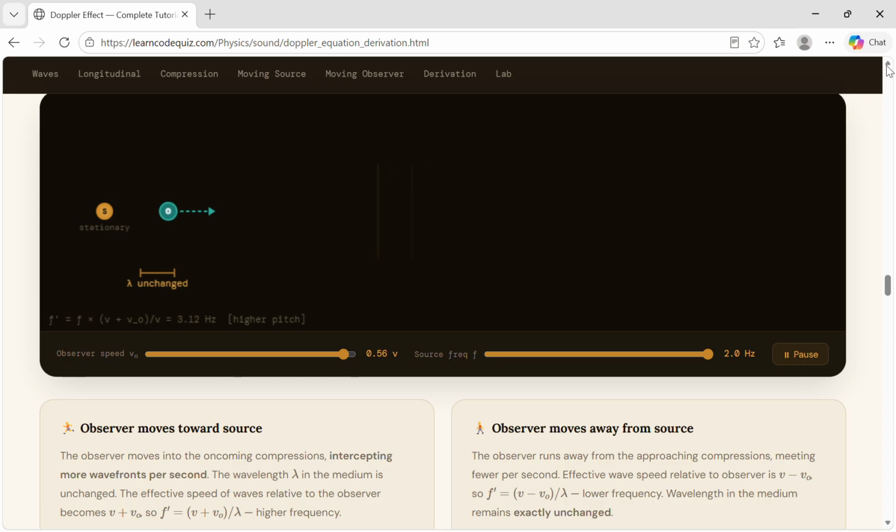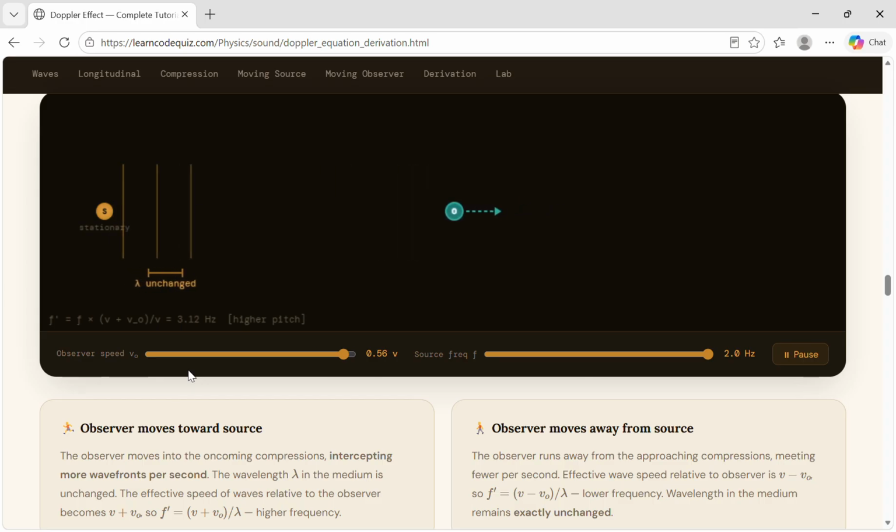Let's look at the other case. Observer is moving towards the source. In a situation where the observer is moving towards the source, or away from the source, the fundamental thing is the sound is being produced by the source. Therefore, the wavelength of that sound is the same, constant.